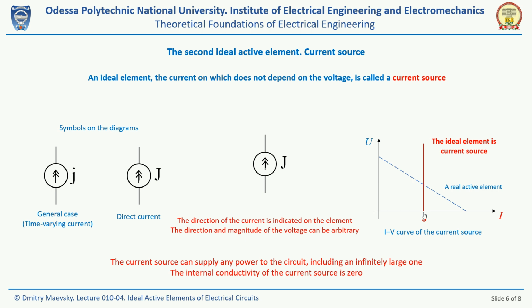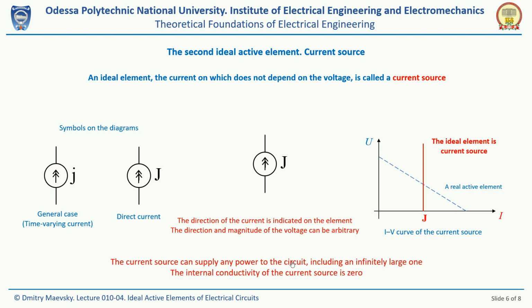That is, the internal resistance of the current source is infinitely large. Thus, we have idealized a real active element with some internal resistance of its own, using two ideal active elements.